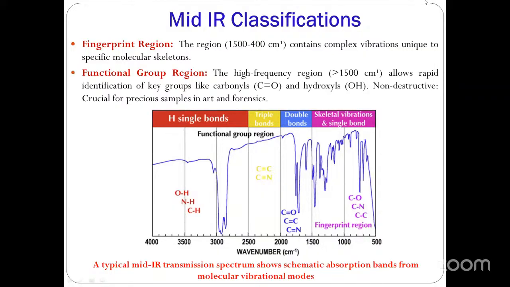So in this diagram, you can clearly see the carbon single bond vibrations are at lower frequency values than carbon double bond vibrations, and carbon triple bond vibrations are at higher frequencies. So they are directly related with the bond strength. And we know that bond strength increases as number of bonds increases.